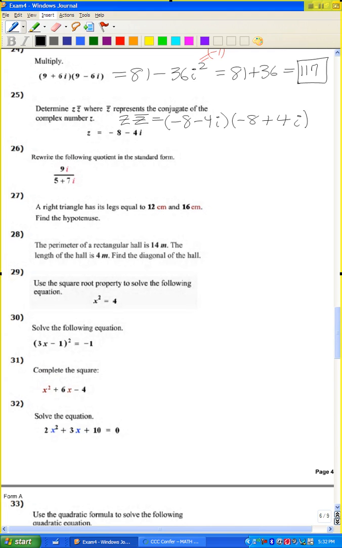Just like above, using the special product formula, I get negative 8 times negative 8, 64. Negative 4i times positive 4i is negative 16i squared. Again, i squared is negative 1, so 64 plus 16 is equal to 80. And that is your answer.